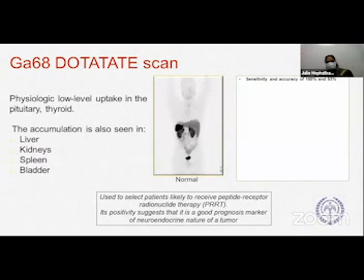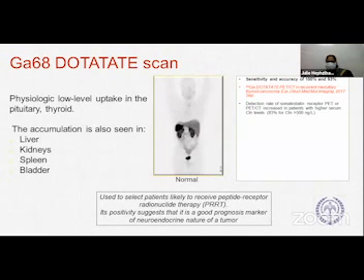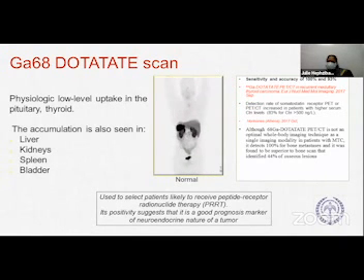In medullary thyroid cancer, the sensitivity and accuracy are about 100% and 93%. The detection rate also increases with increasing calcitonin levels, 83% for a calcitonin of more than 500 or 1000. Although gallium DOTATATE PET-CT is not an optimal whole body imaging, it detects 100% of bone metastases, and it is far superior to bone scan.